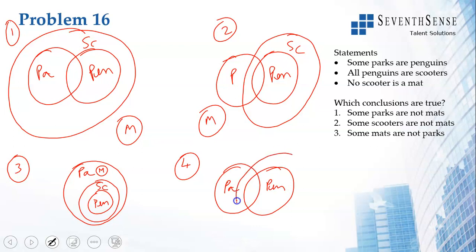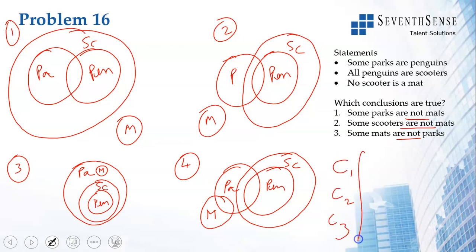All penguins are scooters. And no scooter is a mat. Okay, these are the four ways in which I have drawn. Now we have three conclusions, and in each of the three conclusions we have the word some not. So conclusion 1, 2, 3 and diagrams 1, 2, 3, 4.